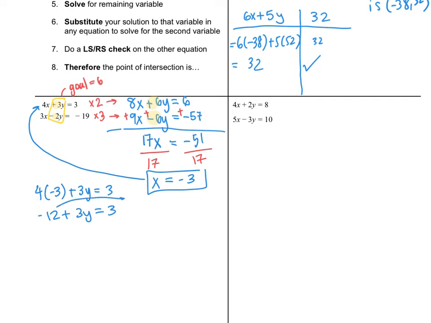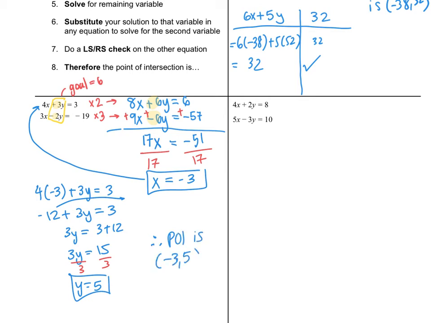Bring the negative 12 to the other side because we want variables on one side and constants on the other, and I'm careful, I switch the sign when I bring it over. 3 plus 12 is 15, and then divide both sides by 3 to get 5. So therefore, our point of intersection is negative 3, 5.